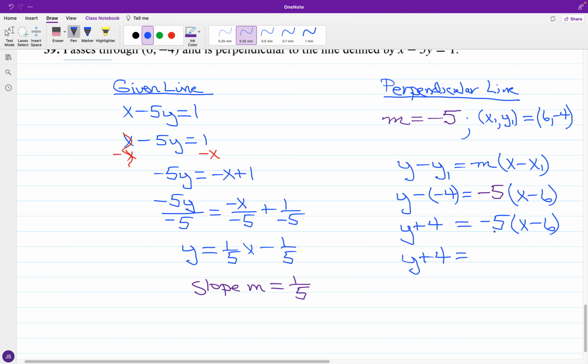Okay, we're distributing -5 over the quantity of x minus 6. So we'll have the right-hand side at -5x plus 30. And getting the y term by itself, I can take 4 away from both sides.